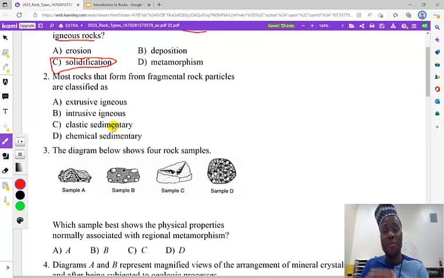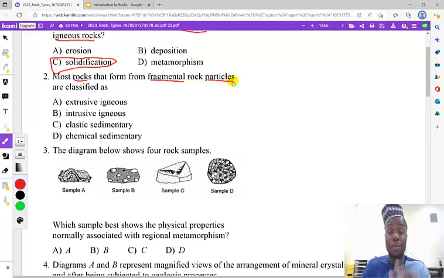Question number 2. Most rocks that form from fragmental rock particles are classified as, which means this kind of rock is formed from fragments or particles of other pre-existing rock. And the only kind of rock that we talked about that is formed in that process is clastic sedimentary rock.